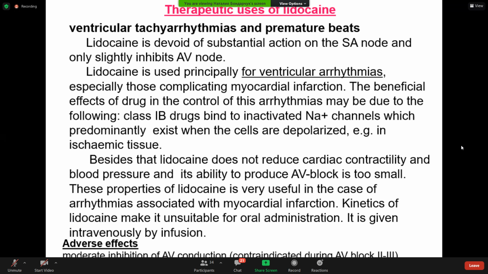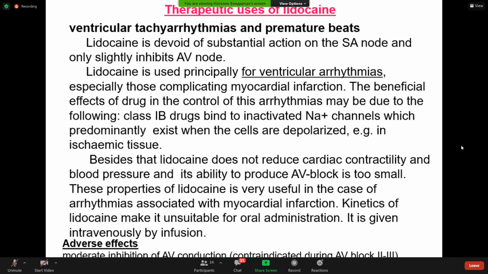And one more third beneficial effect of lidocaine is that its ability to produce AV block is very small, almost no influence on the AV conduction. And these properties of lidocaine are very useful in the class of arrhythmias associated with myocardial infarction.